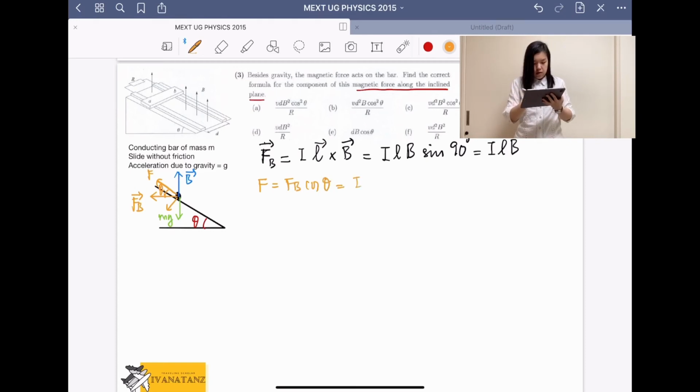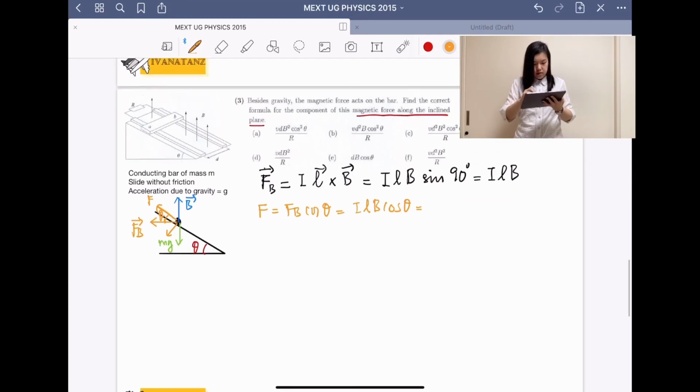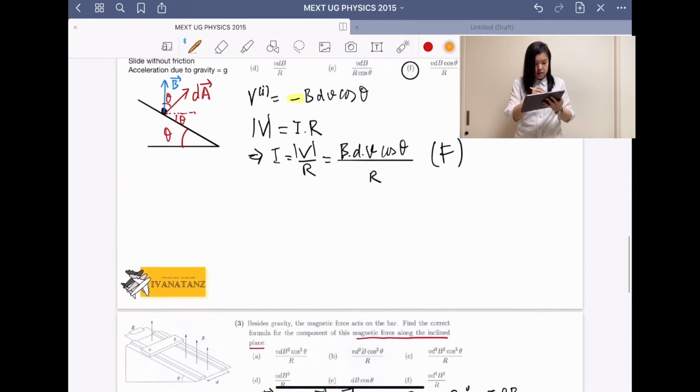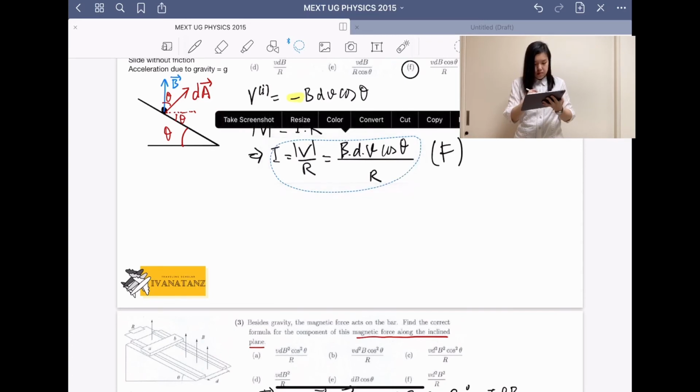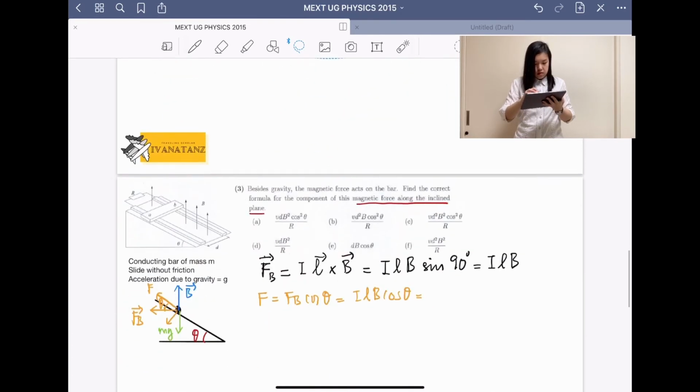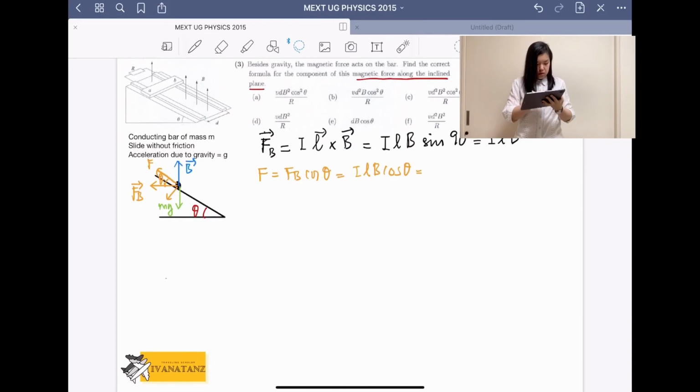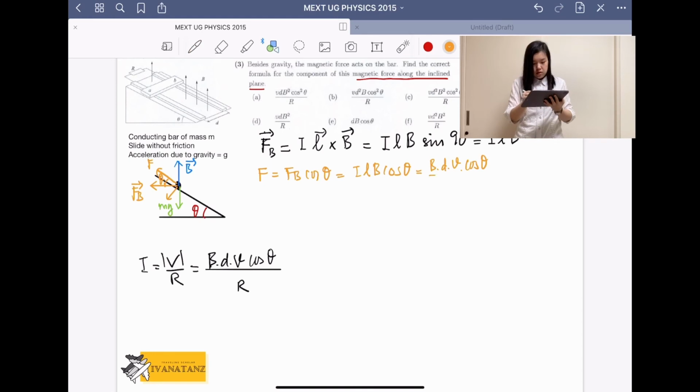So ILB cosine theta. From the previous part, we already know that I equals B dV cosine theta over R.